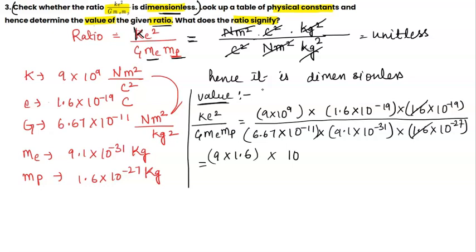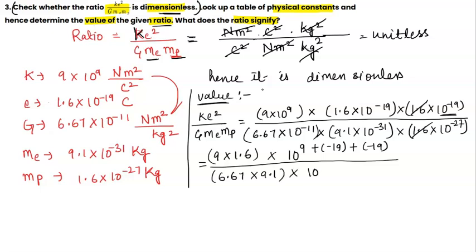For multiplication, we just add the powers: 9 plus minus 19 plus another minus 19, divided by the numerical term 6.67 into 9.1, and the power term 10 to the power minus 11 plus minus 31 plus minus 27.